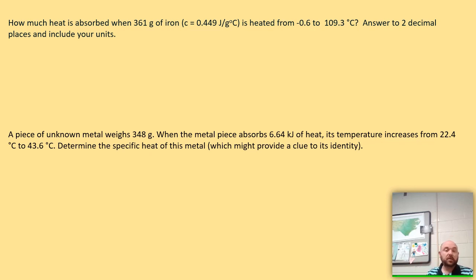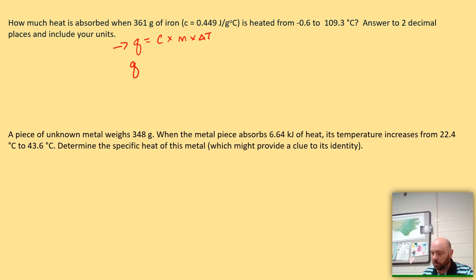So we're heating a 361 gram piece of iron, a pretty good bit, 110 degrees or so, and we want to know how much energy that requires. And so we use our heat equation that says Q equals C, specific heat, times M times delta T, as we saw on the previous slide. We are asked to solve for heat, so we're solving for Q in this problem.